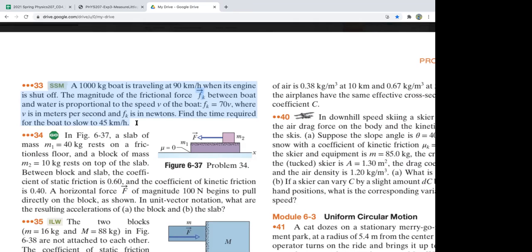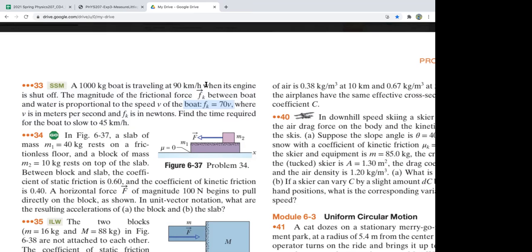So basically, you can list what you know. Here you have a boat. The initial velocity is 90 kilometers per hour. We want to make the units unified. Here the v is in meters per second, so we have to convert this 90 kilometers per hour. I think it's divided by 3.6.